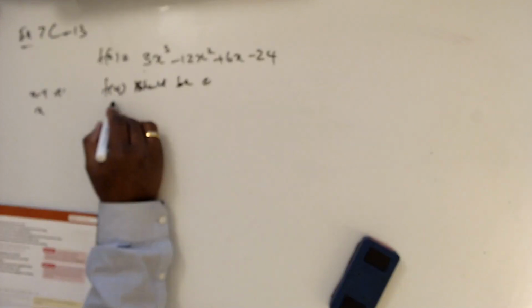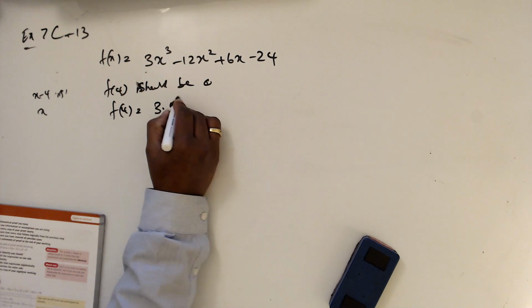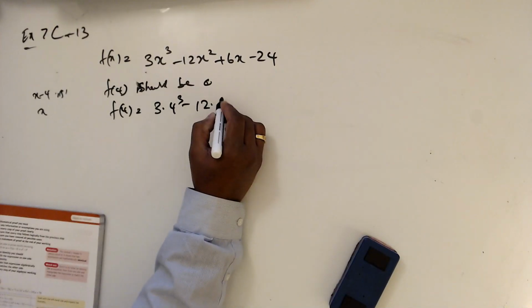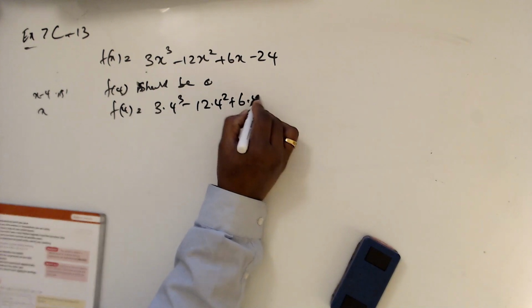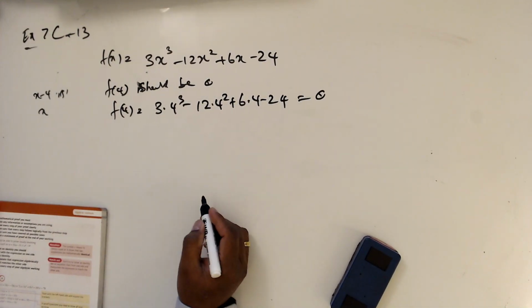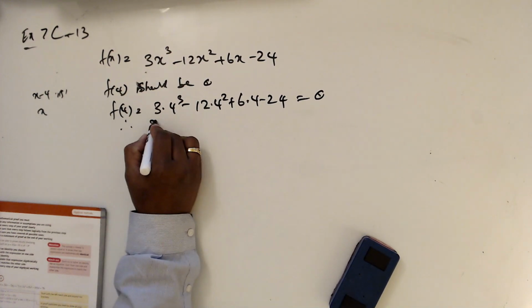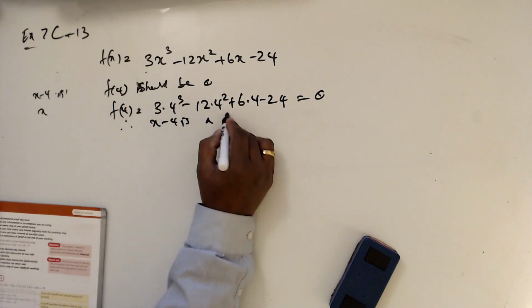We'll see that f(4) equal 3 times 4 cubed minus 12 times 4 squared plus 6 times 4 minus 24. Yes, it is equal to 0. Hence, x minus 4 is a factor.